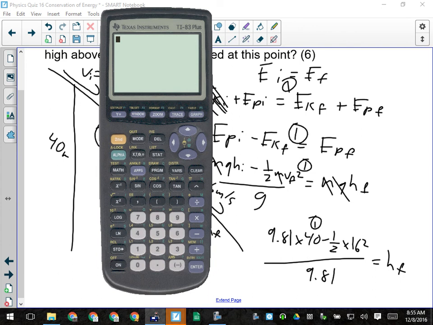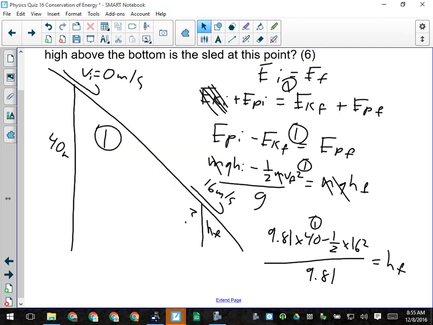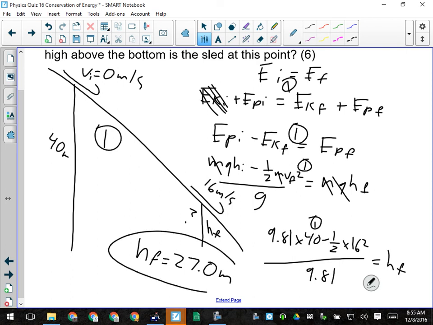So we have 9.81 times 40, minus 0.5 times 16 squared, divided by 9.81. This is going to be 26 point, well, let's say 27.0 meters above the ground. That's their 6th and final mark.